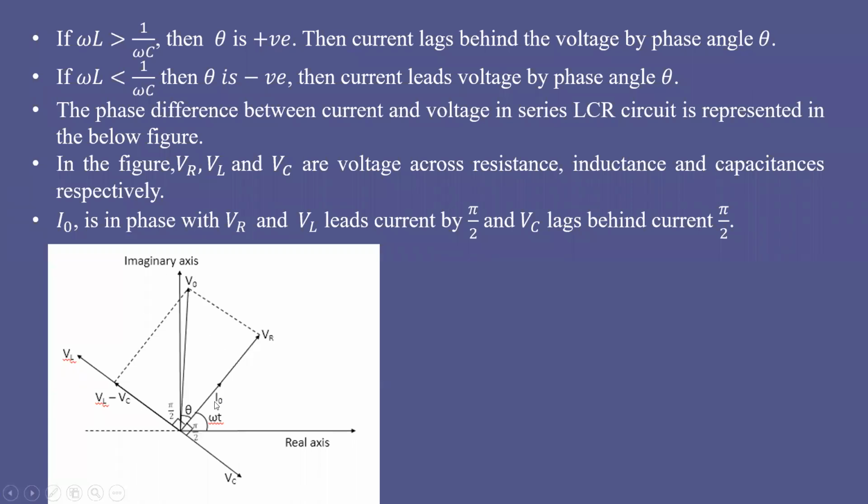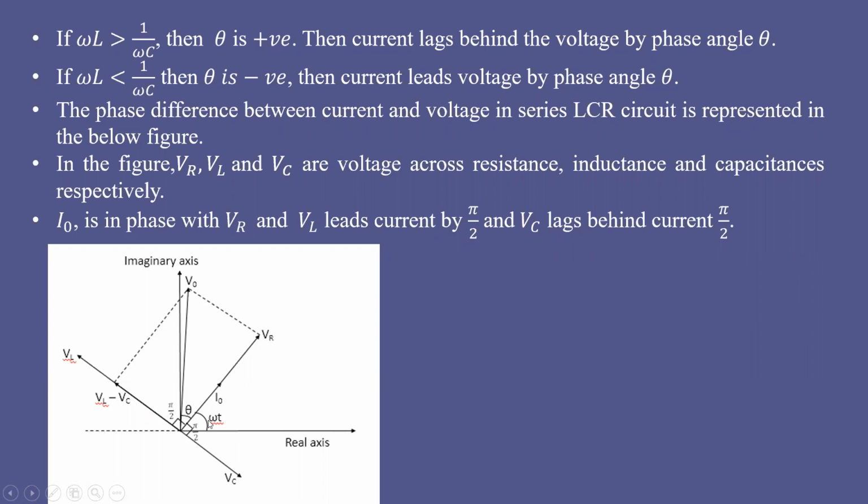That is, I0 is always directed along VR because voltage and current are in phase with respect to resistance. Therefore, I0 always has an in-phase relationship with the voltage across the resistor, whereas the effective voltage has a phase difference of theta with respect to current here.